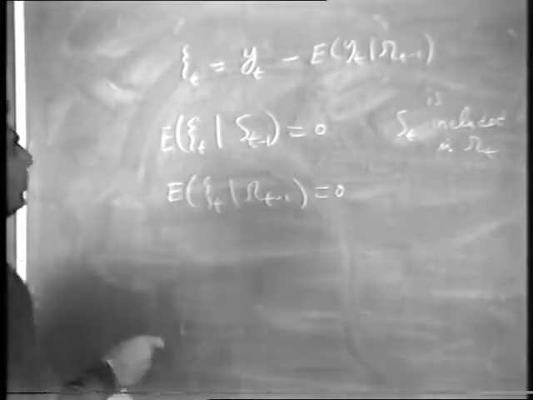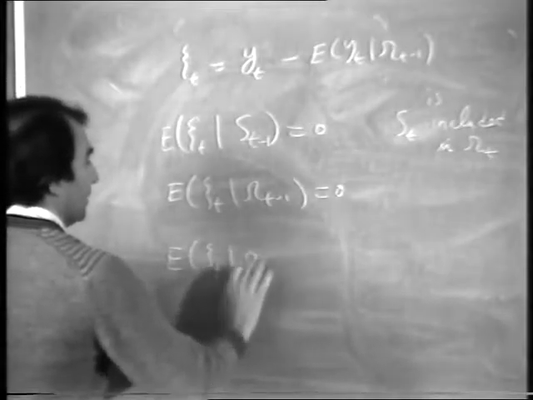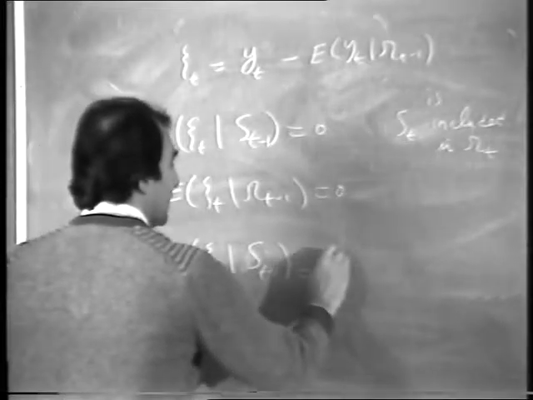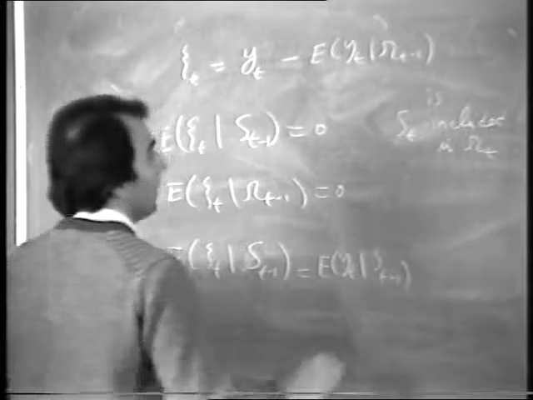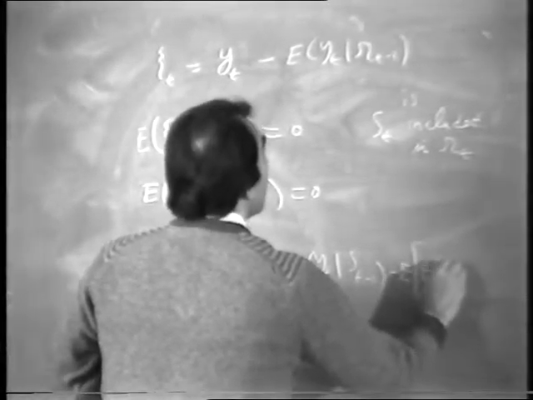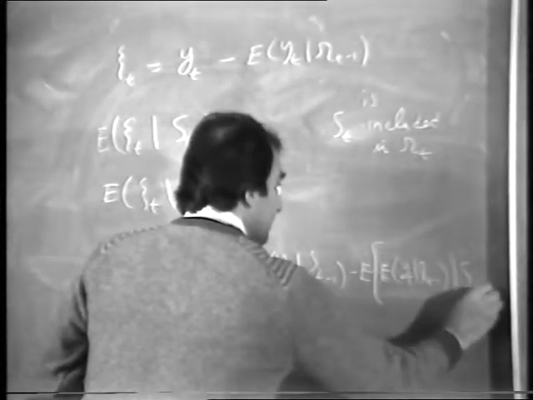To prove it, you just simply calculate relative to st minus 1. That gives us the expected value of yt given st minus 1, minus the expected value of yt given omega t minus 1, all of that given st minus 1.